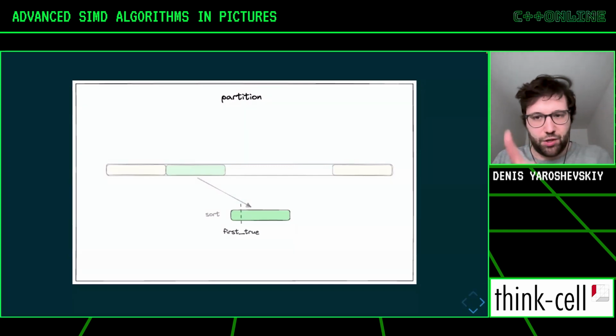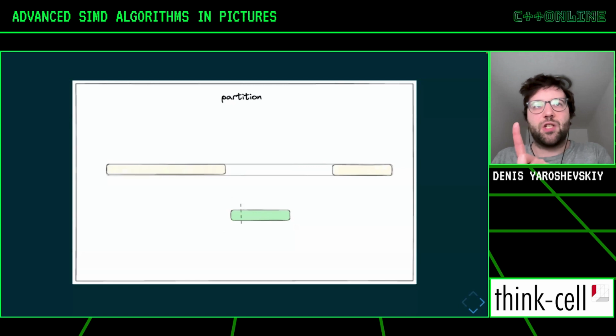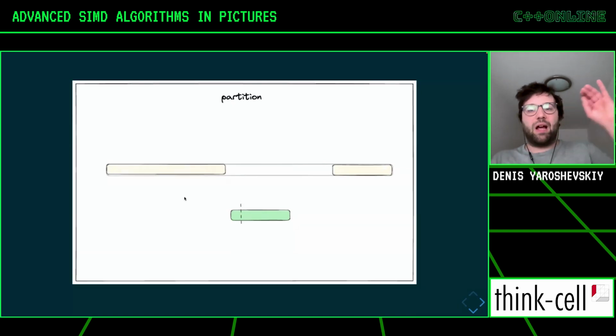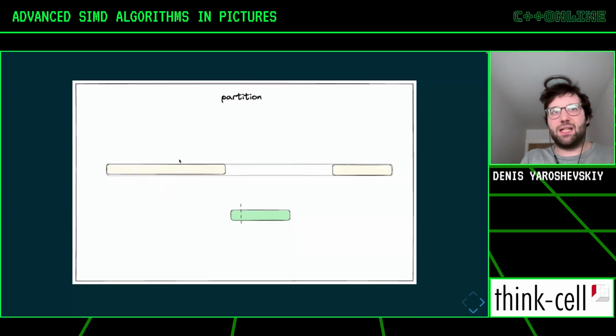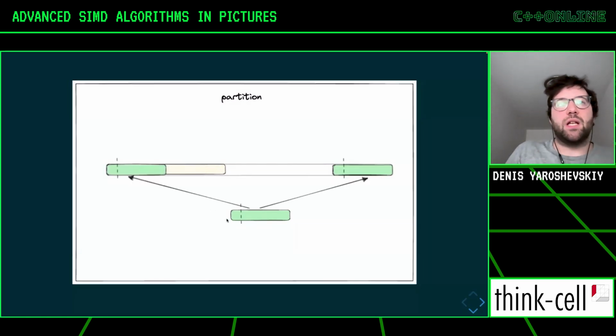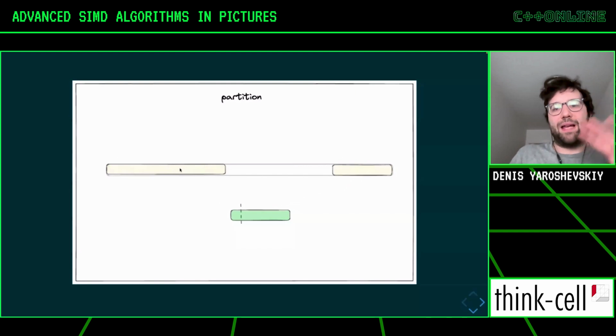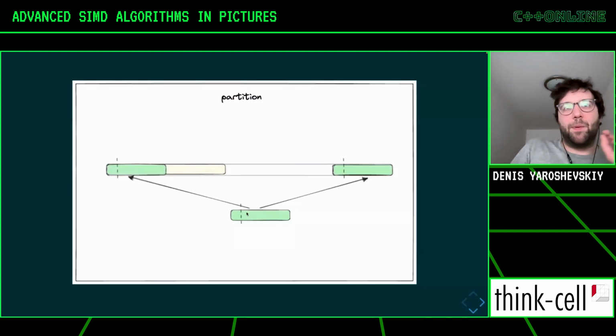So this is partition the register. Now, what we do is we're going to store it. We have some space here. This is 2 registers of space. This is 1 register of space. This is just garbage, it's just space, there's nothing there. We're going to put this register here and here.